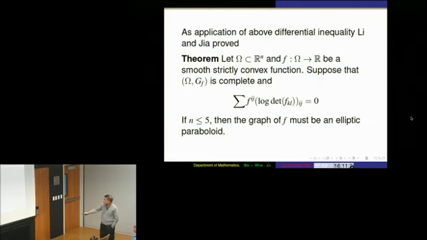Suppose that the graph is complete with respect to the Calabi metric and satisfies this equation, meaning the scalar curvature is equal to 0 and the Calabi metric is complete. Then for n less than 5 the graph must be a paraboloid, meaning f is a quadratic polynomial.